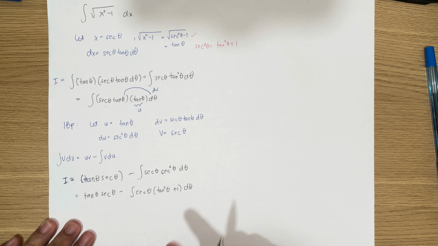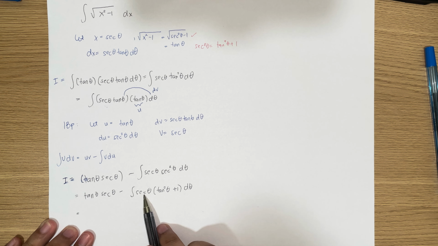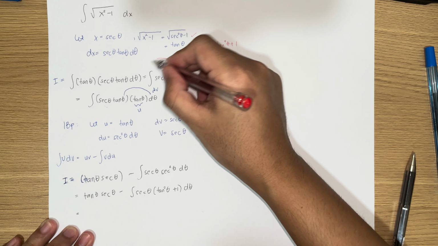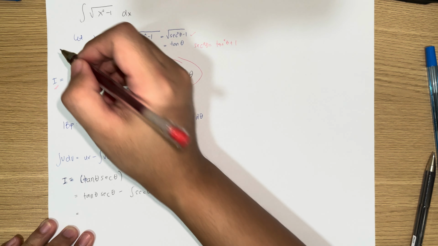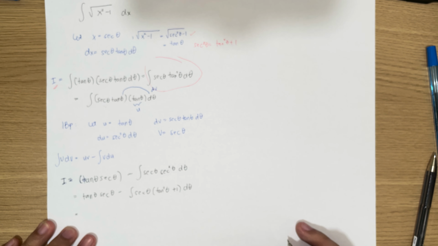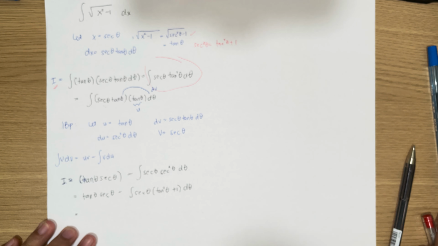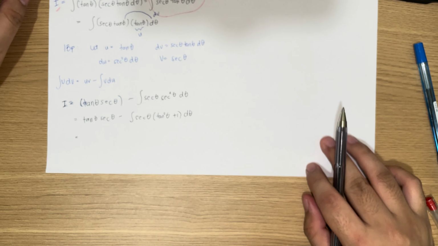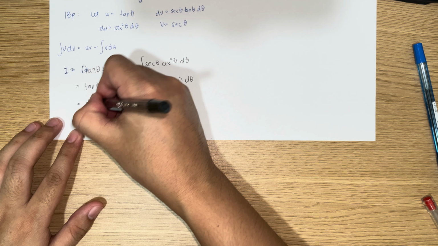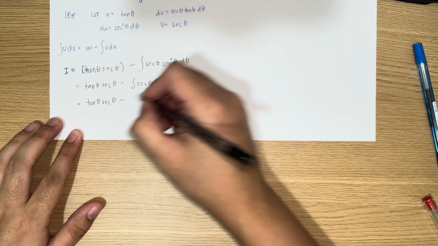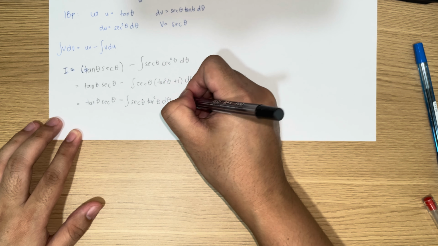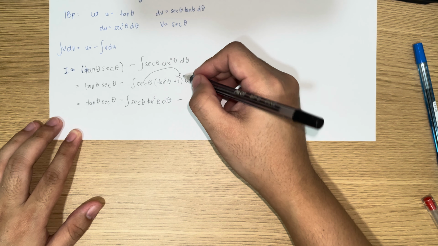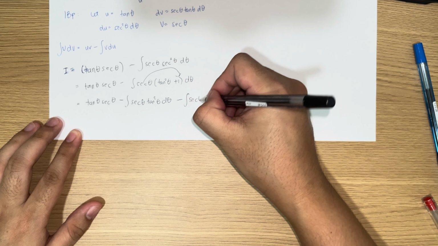Why do we do this? Because if you multiply secant theta by tangent squared theta, you'll end up with this integral right here, which we have set to be equal to I. You see where I'm going? So we write this one as tangent theta secant theta minus the integral of secant theta tangent squared theta d theta, minus, distributing to the 1, the integral of secant of theta d theta.